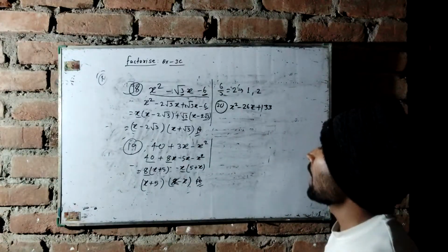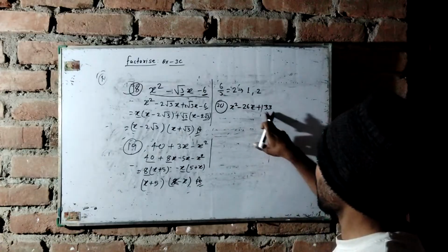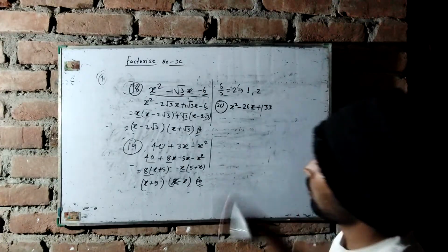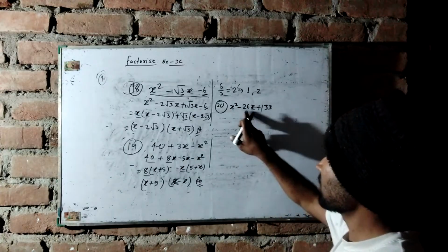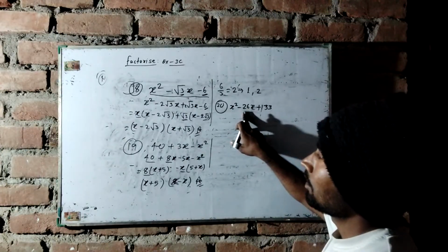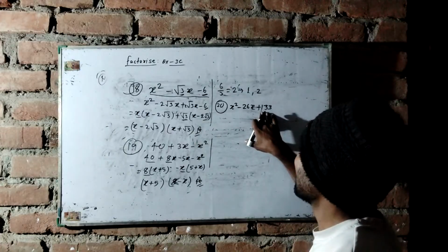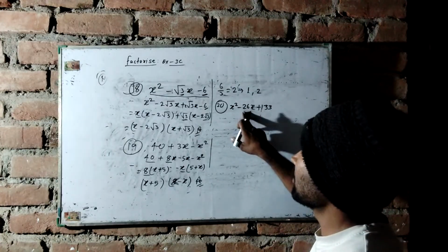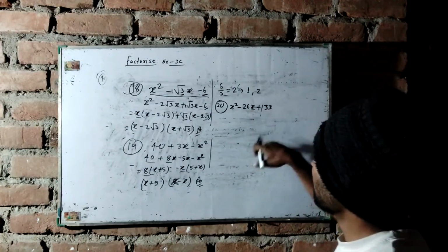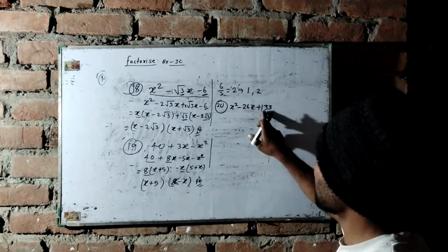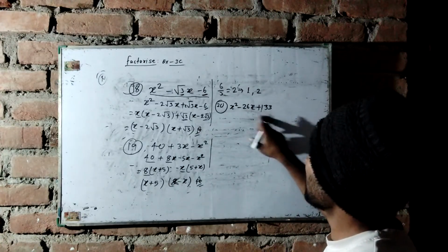Now we have to choose two factors of this constant number 133, whose difference or sum will be minus 26 and their product will be 133. So we have to choose two factors of 133.